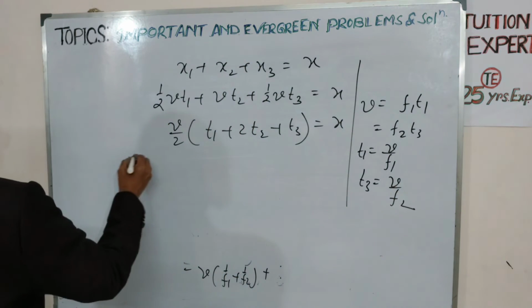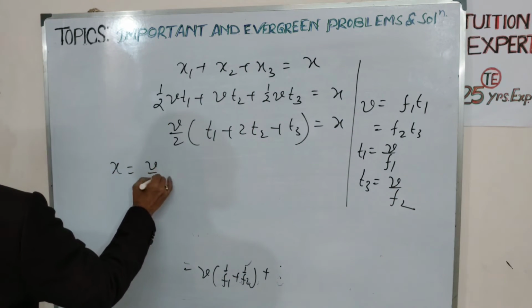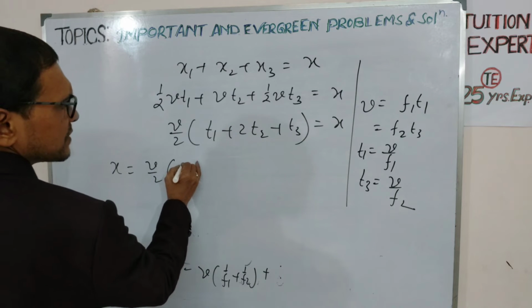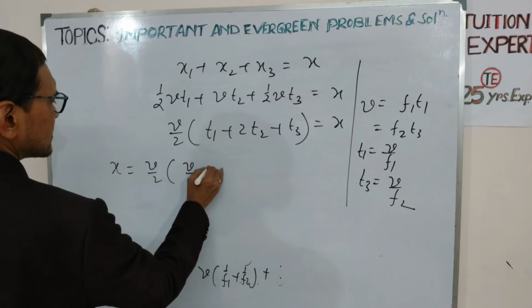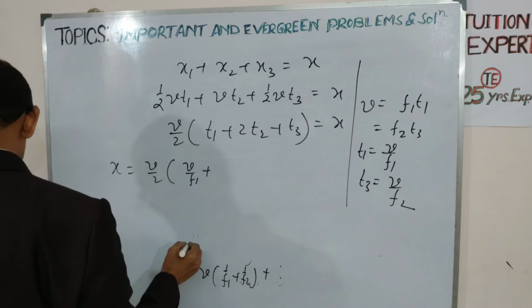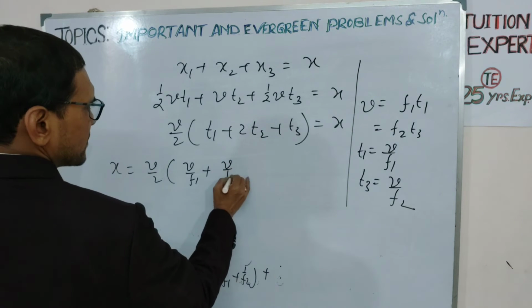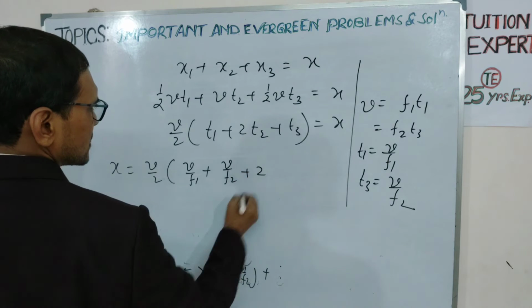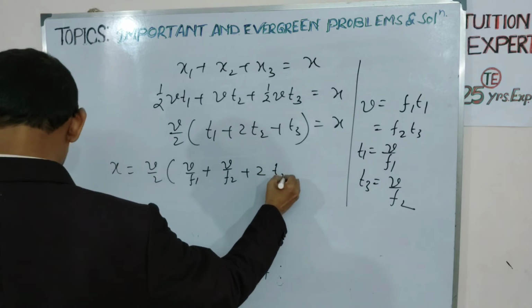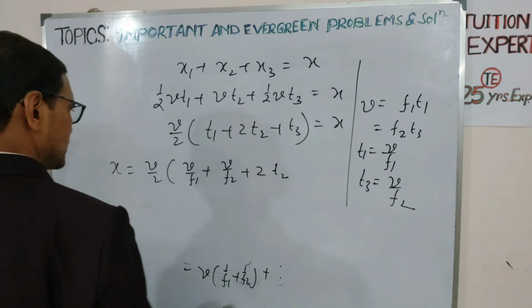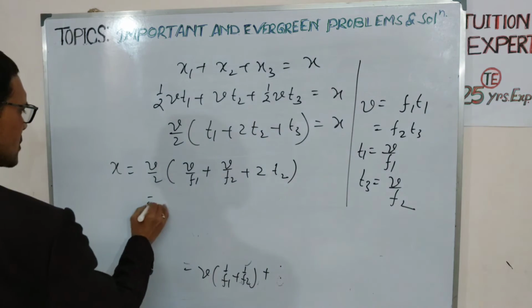So x equals v by 2 times (t1 plus t3 plus 2t2), that is, v by 2 times (v by f1 plus v by f2 plus 2 t2).